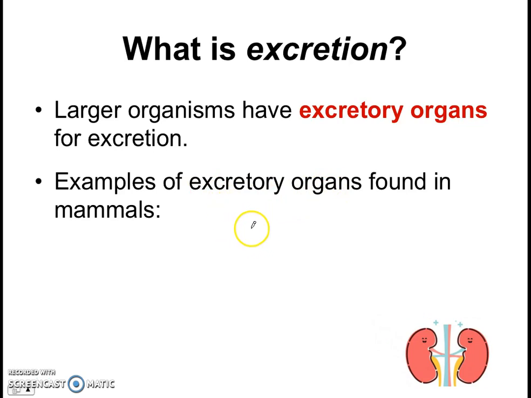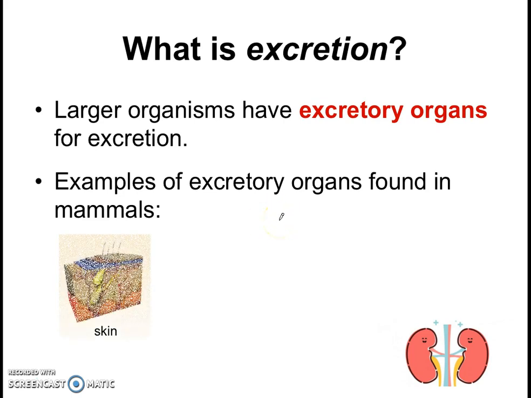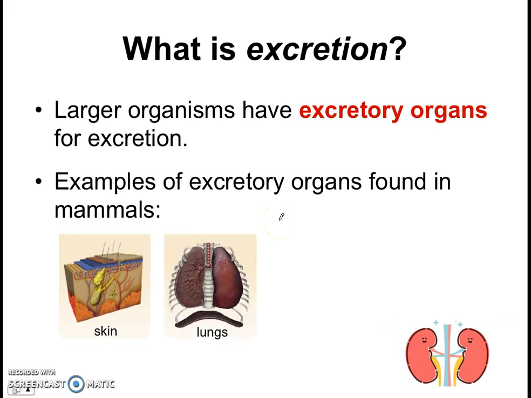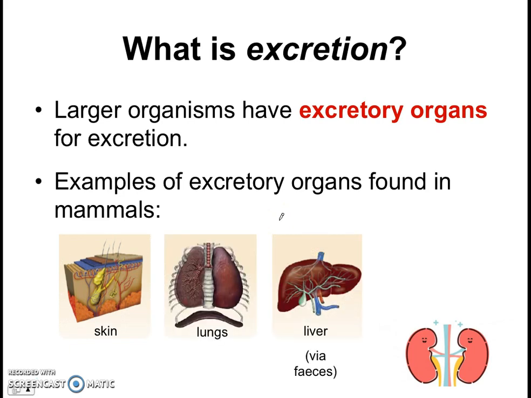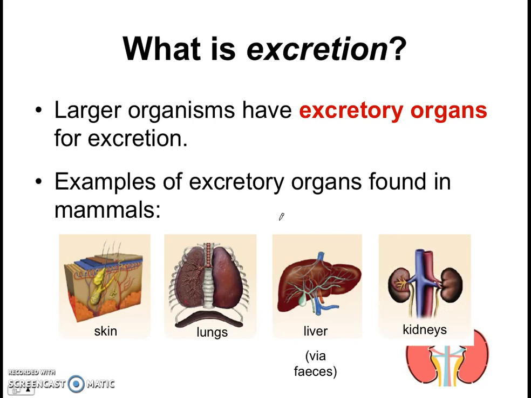For example, how is excess water and salt removed from our body? Which organ does that? Or how is carbon dioxide removed from our body? Which organ does that? Or how is urea removed from our body? Which organ does that? So here are some examples. We've got our skin, our lungs, the liver, and also our kidneys.